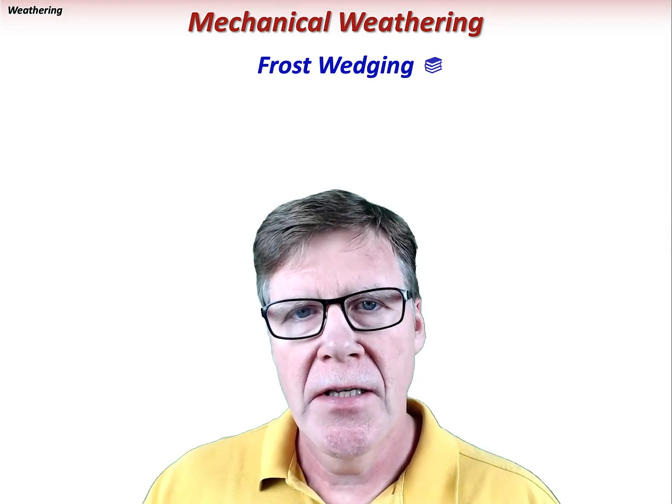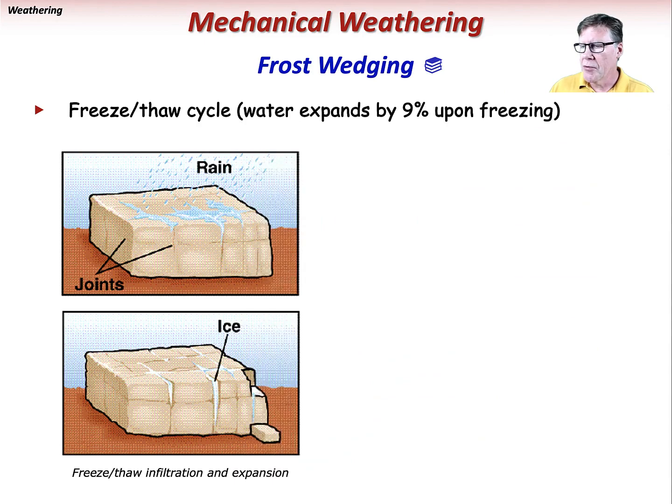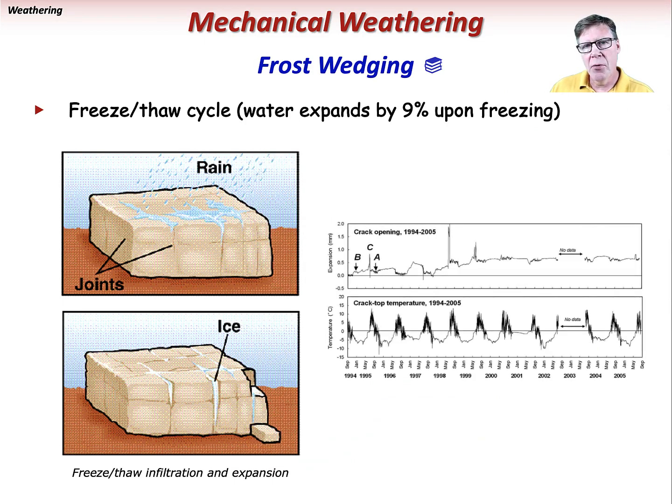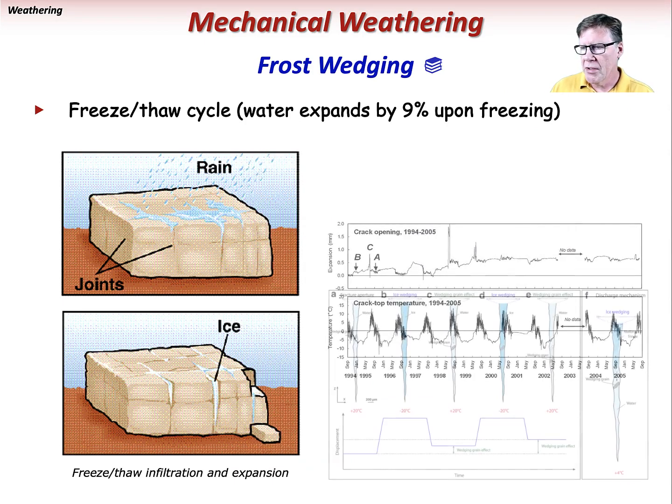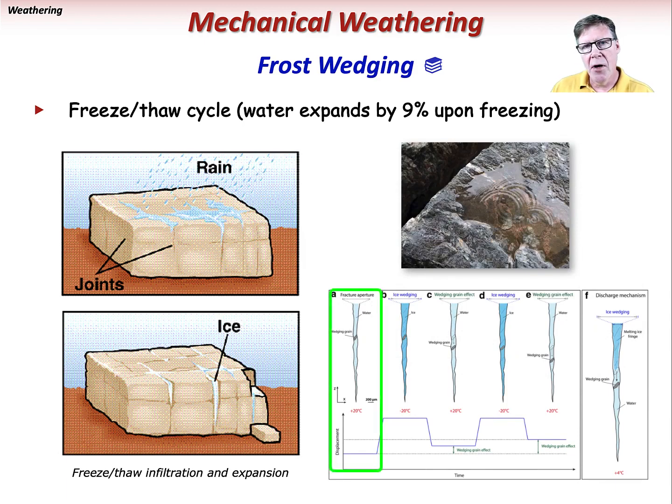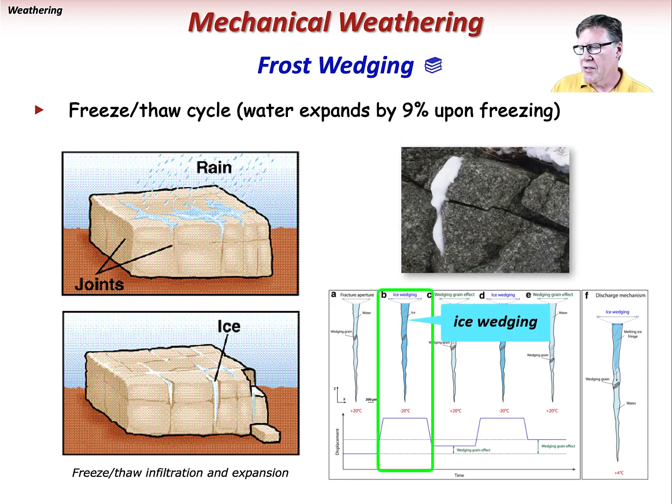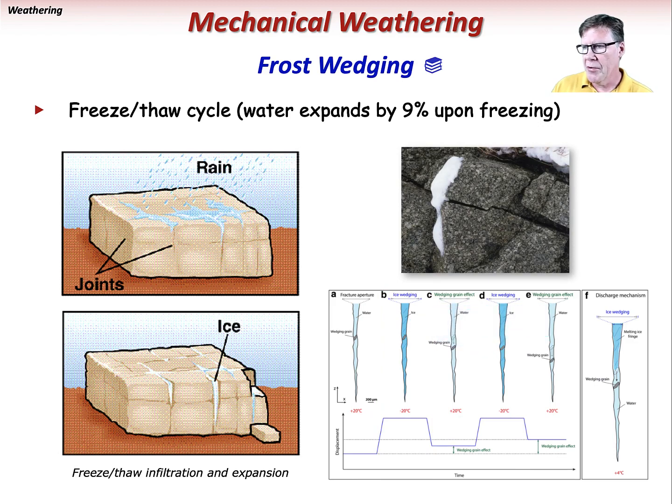Frost wedging is a mechanical weathering process where the daily temperature alternates above and below the freezing point of water. During the day, water can seep into bedrock if it is highly fractured or jointed. As the temperature drops below freezing, the water freezes and expands by about 9%, exerting pressure on the walls of the crack.